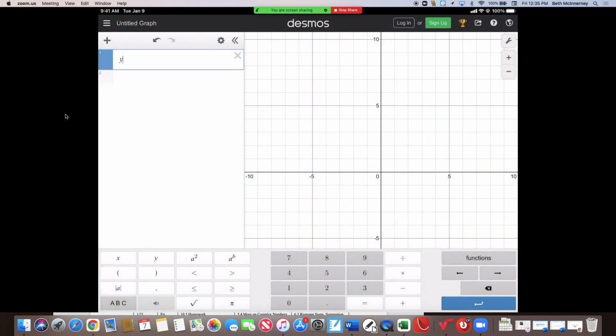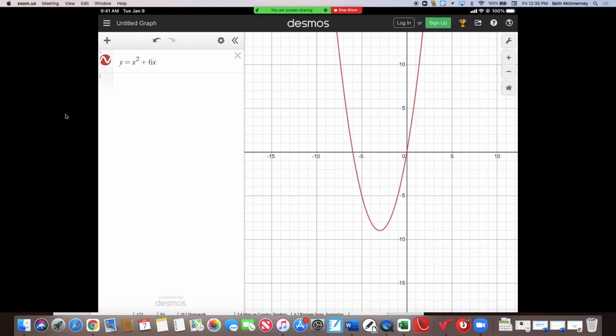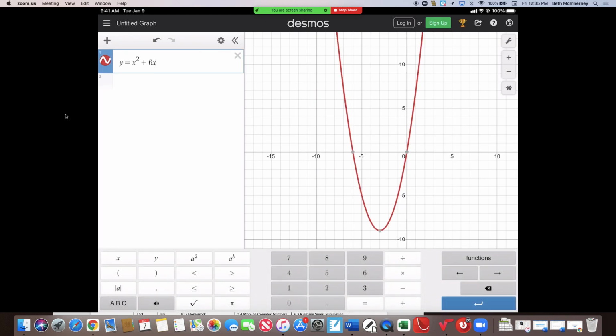I'm going to put y equals x squared plus 6x. Do you see that? And then I'm going to add my other one and put x plus 3 squared minus 9. Look, it's the exact same.